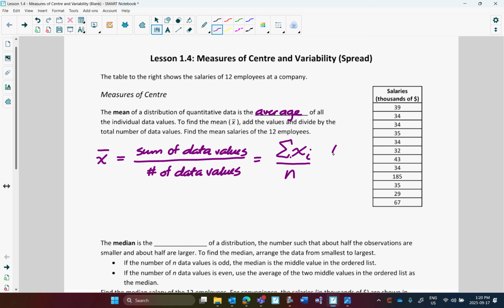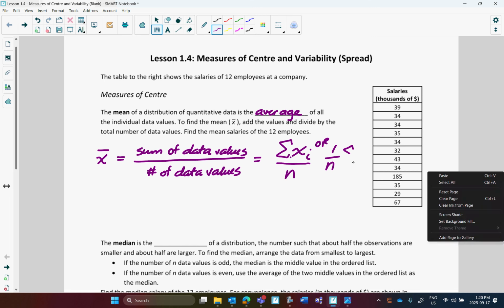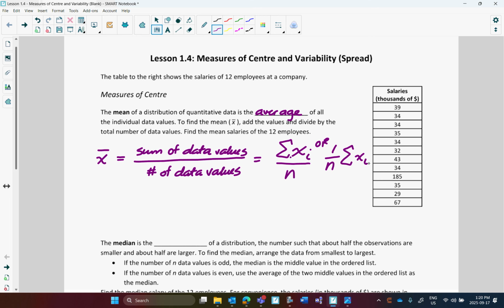Or you may see it like this: 1 over n times the sum of all the data values. Okay? This is actually a formula you will always be given.